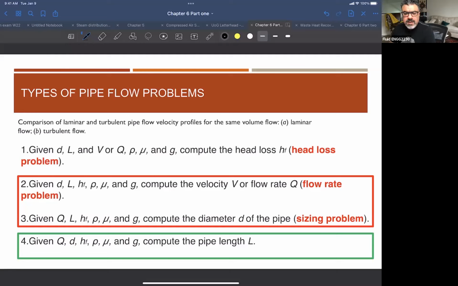If Reynolds number indicates a laminar case, the friction factor is a sole function of the Reynolds number, which is 64 over Reynolds number. If the Reynolds number indicates turbulent flow, the friction factor also depends on the roughness of the pipe, and we introduce something called relative roughness. We used the Moody chart to determine the friction factor.